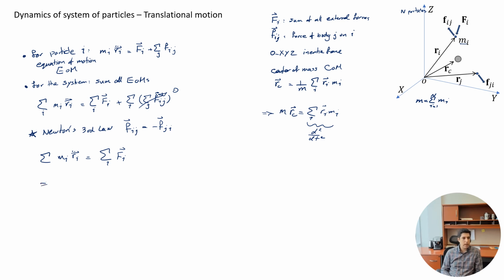So in the end, M Rc double dot equals the sum of all external forces.